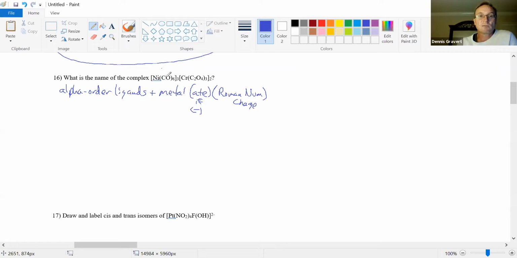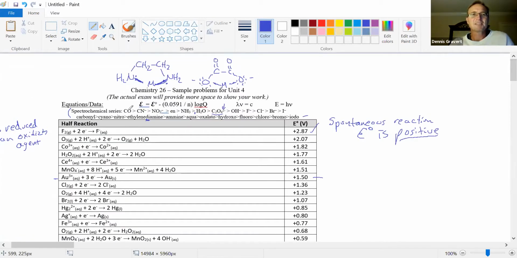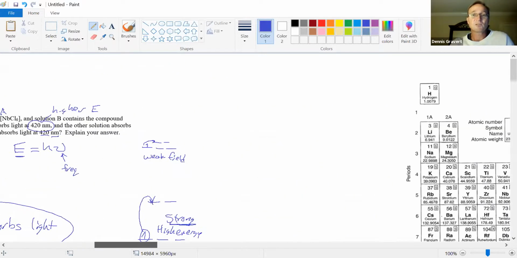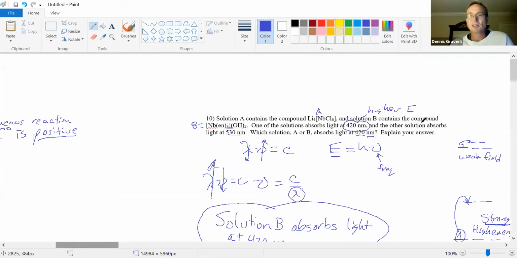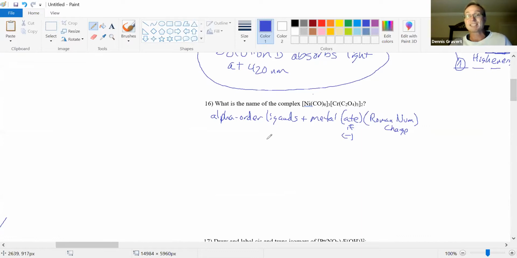Okay, so CO, let's just do the first one, CO. I'm going to cheat. It's not cheating. I'm giving you these. CO is right here. First one in the series is carbonyl. That's the name of it. You'll need to know the prefix, how many carbonyls do I have? I have 6 of them. That's hexa, like hexagon, 6 sides.